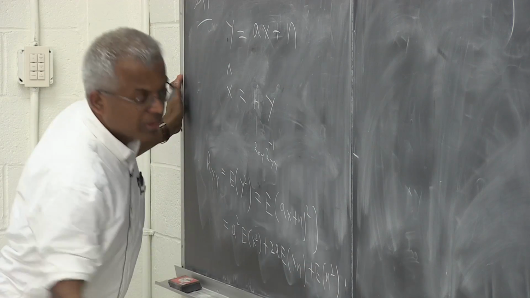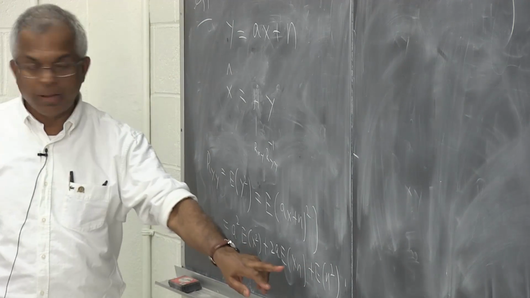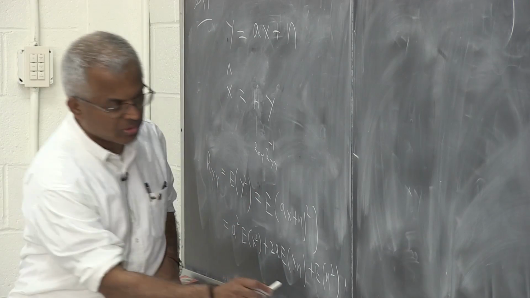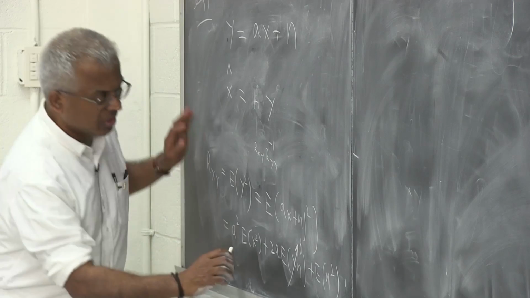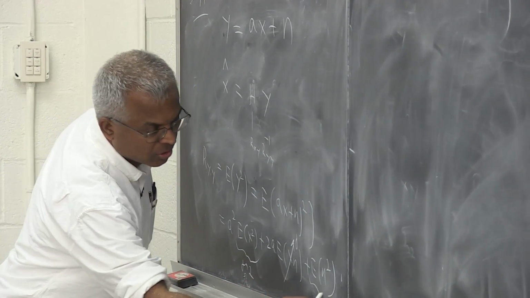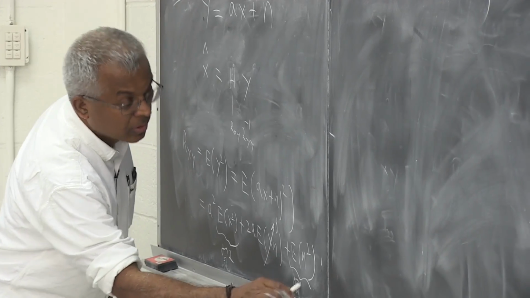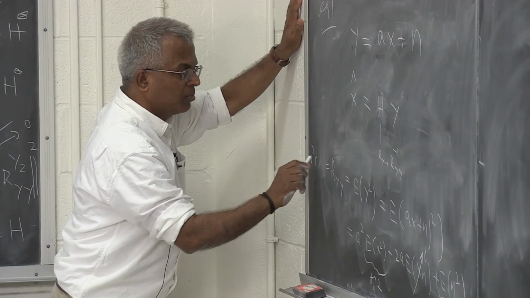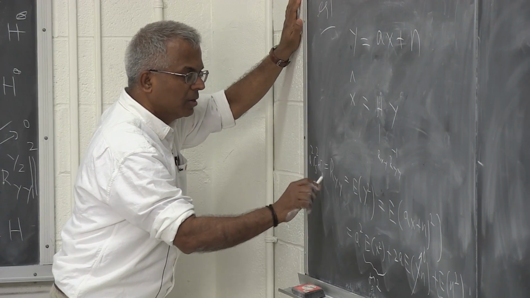What is this? Anybody? I'm going to assume that the signal and noise are uncorrelated. A reasonable assumption. So this term is 0. This is, I'm going to assume, the signal variance. This is the noise variance. So Ryy is a squared sigma s squared plus sigma n squared.